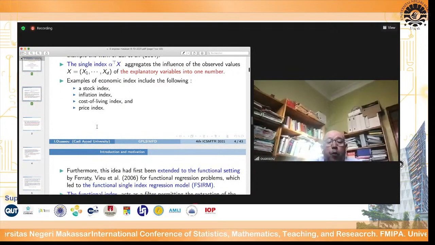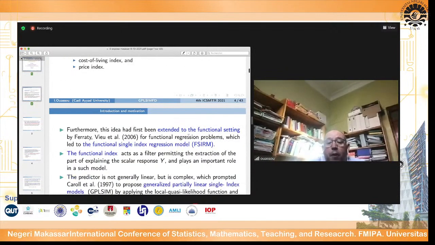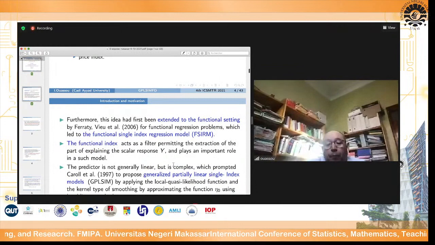Furthermore, this idea was first extended to the functional data setting by Ferraty and Vieu in 2006 for the functional regression problem, which led to the functional single index regression model, noted FSIM. Thus, the functional index acts as a filter, permitting the extraction of the part explaining the scalar response, and plays an important role in such a model.